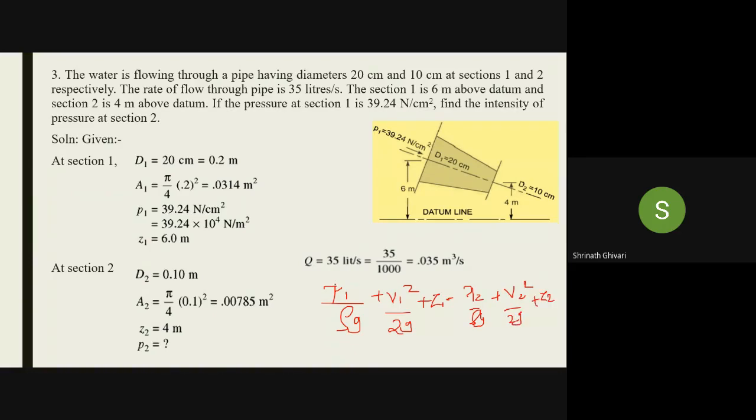When I use this equation, there are two sections. For section 1, this is the equation. For section 2, this is the equation. Now, I have the pressure P1, 39.24 into 10 raised to 4 Newton, divided by, since water is flowing, density 1000 into 9.81. Z1 I have, Z2 I have. Do I have V1 and V2?